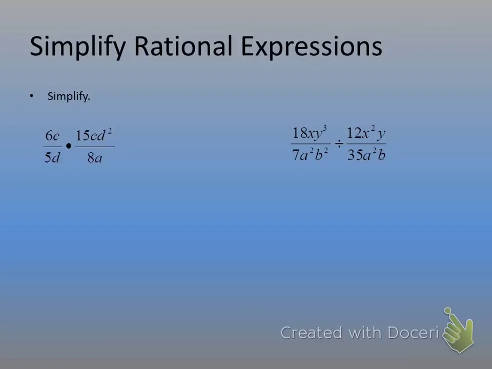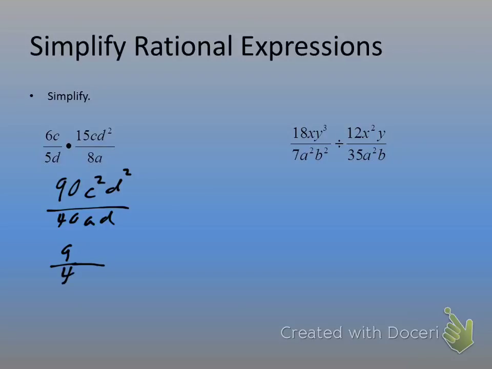So you'd have 90c squared d squared all over 40ad. That's one way to do it. And then reduce that monomial from there. So you can take a 10 out of the 90 and the 40 to give you 9/4.